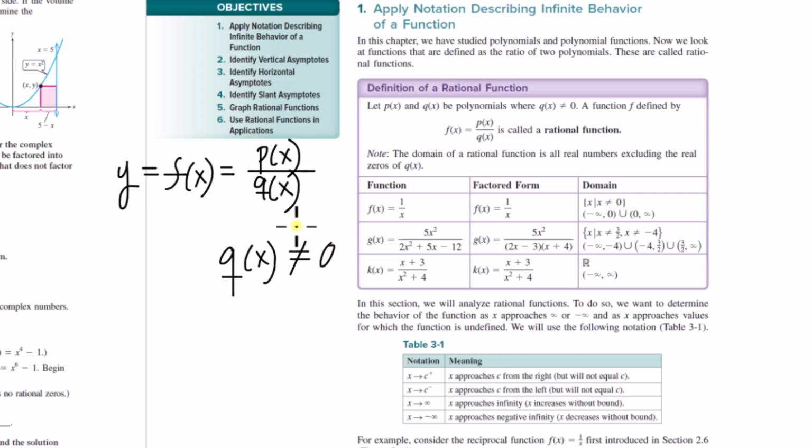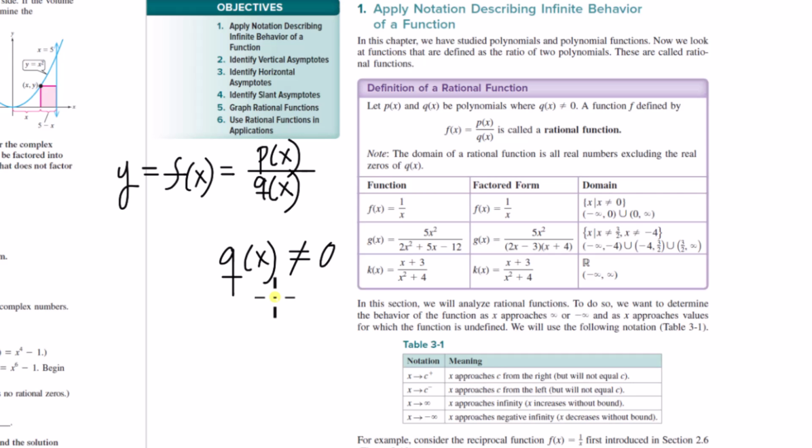The only issue here is dividing by 0. You can't divide by 0. So with a rational function, you can input any x you want, as long as that x doesn't make q of x equal 0. All of the x values that make q of x equal 0, you can't input, but anything else is within the domain. Okay, so that's a good place to start for analyzing rational functions.